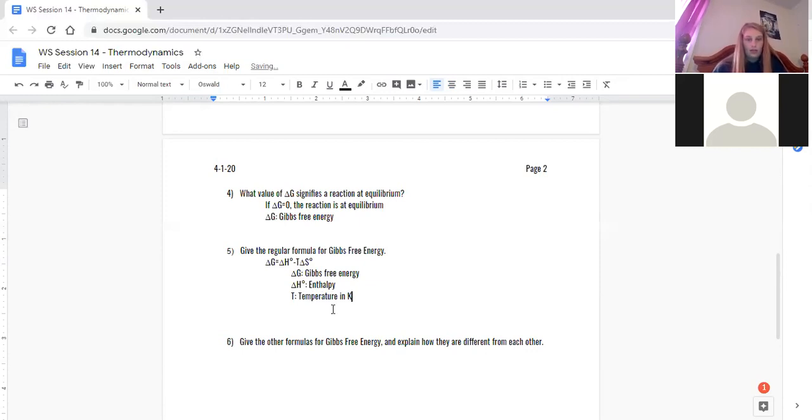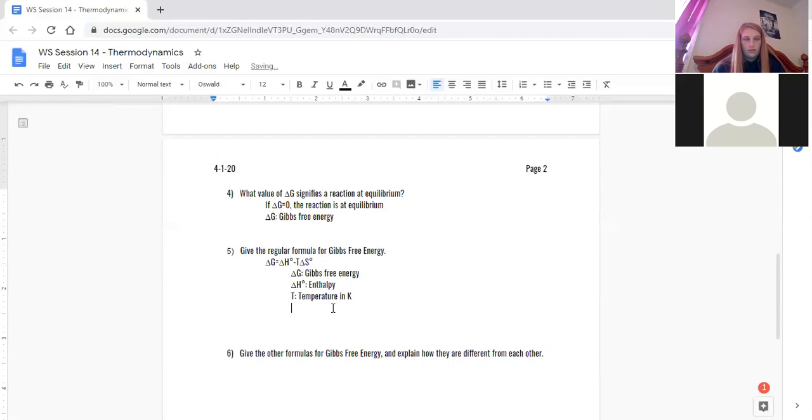And then we also have delta S naught, and that is our entropy.